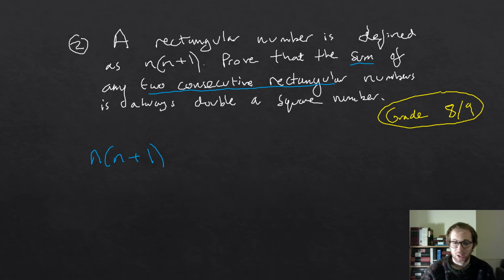So actually there's a little trick that always works, and that is to substitute in for n, to write n plus 1 in place of n, because that will give the next rectangular number. And this works for any particular kind of number you're talking about.